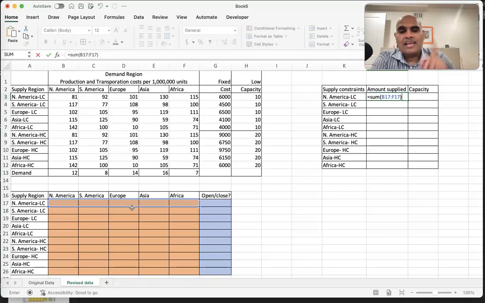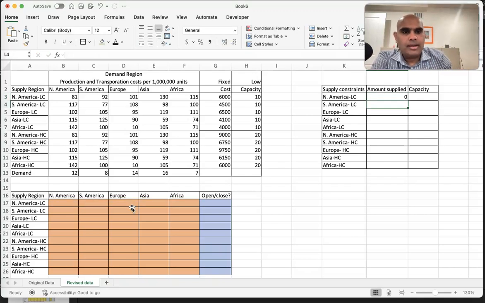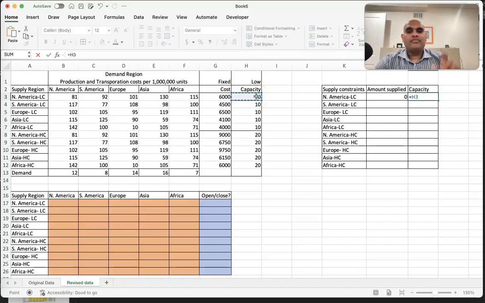And this has to be less than or equal to the capacity of that plant. So what is the capacity of the low capacity North American plant? Well, you'd say that the capacity is 10, but the capacity is 10 only if the plant is open. If the plant is not open, it doesn't have any capacity because the plant is not there, right? So when you write capacity, it has to be 10 million, but only if the plant is open.